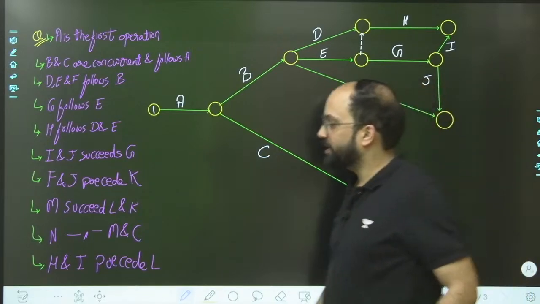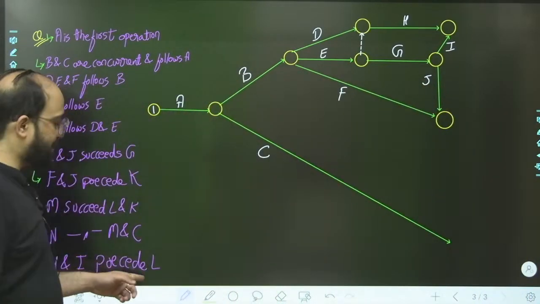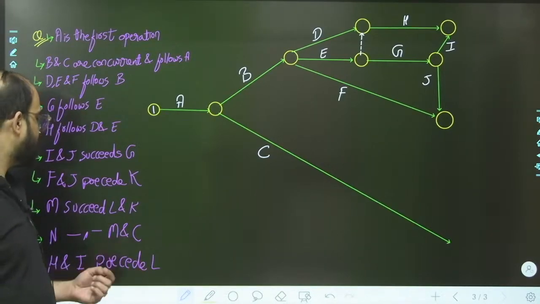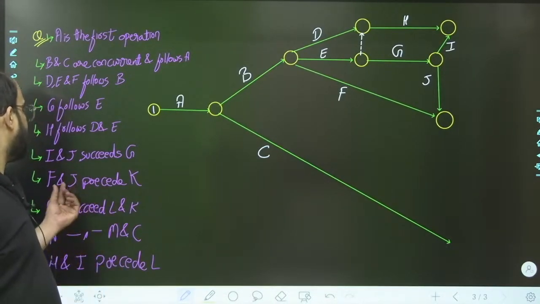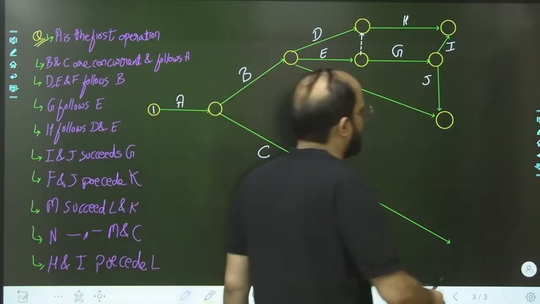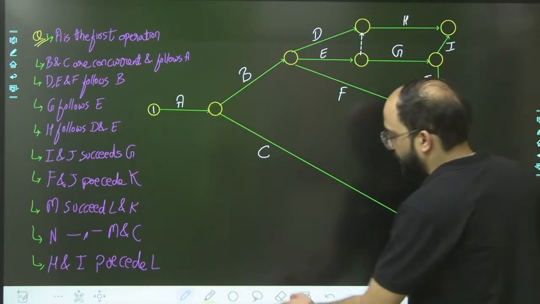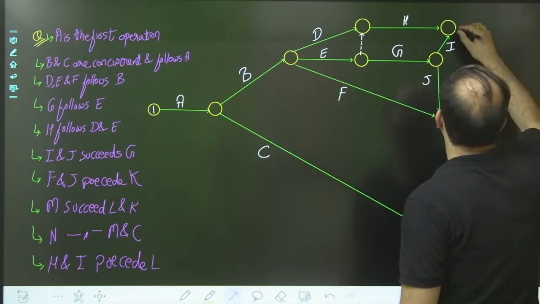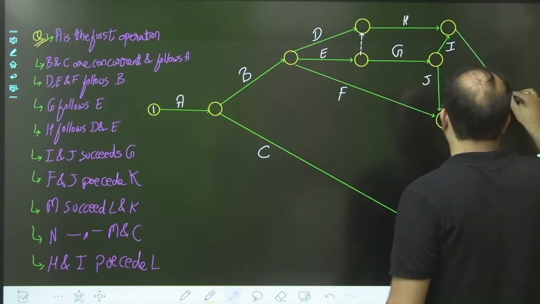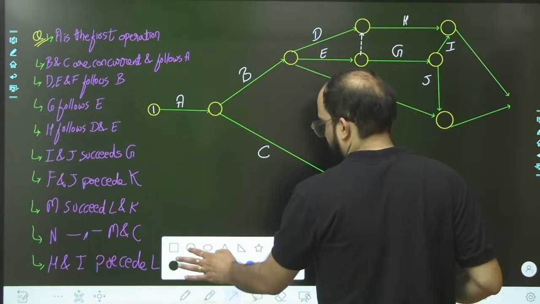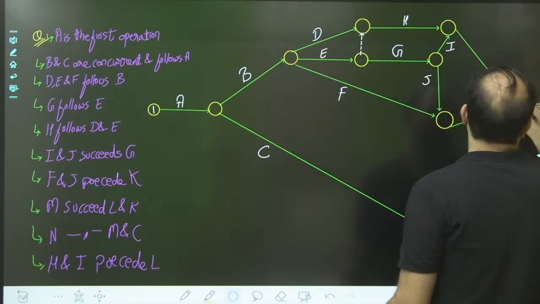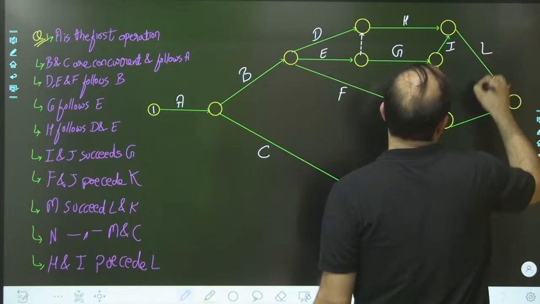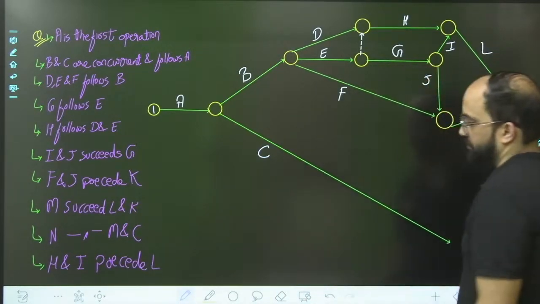Here H and I will initiate L. Whenever H and I get completed, they initiate L, and F and J are going to initiate K. So this will be L and this will be K.